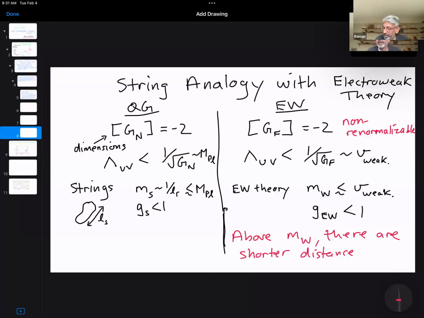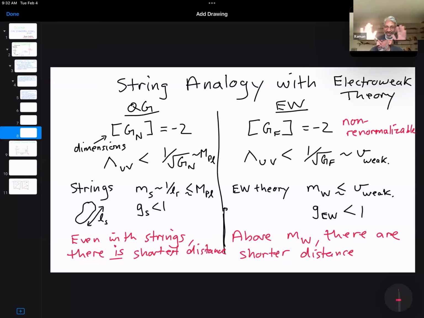But in string theory, even with strings, there is a shortest distance. Okay, so there the analogy breaks down.